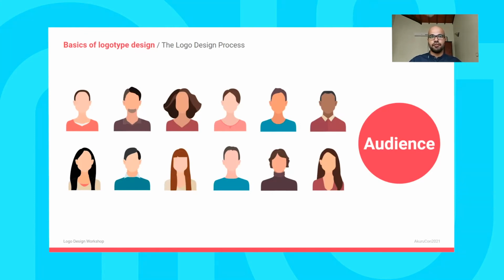But if you are designing the logo and brand identity properly, you should talk to the brand managers or anyone who's handling the project to create what we call user personas.